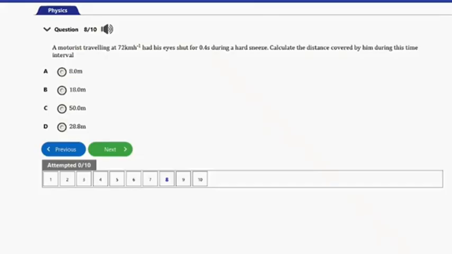So guys, let's note that the distance covered is the s, and then u is the initial velocity here, which is 72 km per hour. If we convert this to meter per second, we are going to multiply by 1000 and divide by 3600. So guys, with that we have 72,000 over 3600, which is 20.